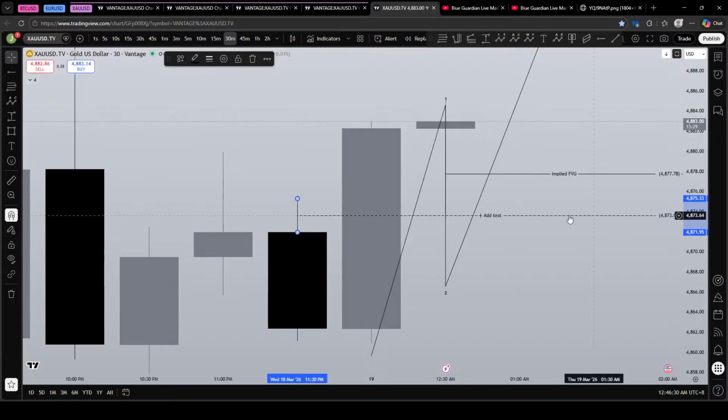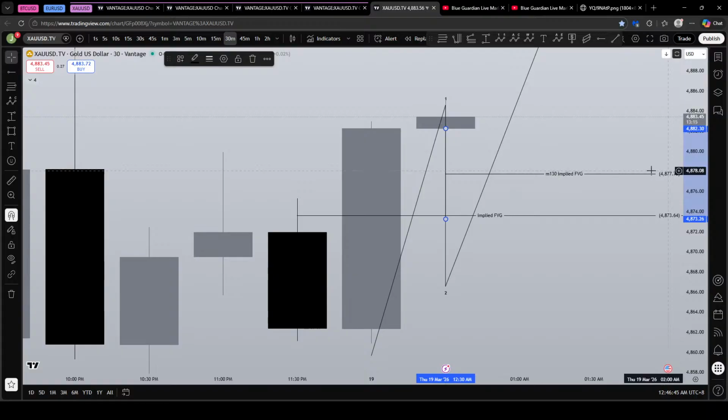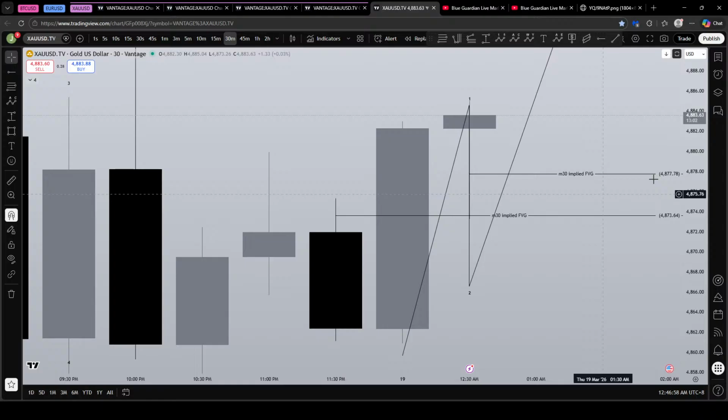Allow me to label it as implied FVG, and let me include the time frame where I have identified it. I have identified it at the 30 minutes time frame, so let me just put M30 implied fair value gap here.